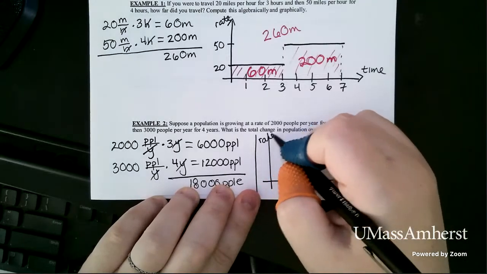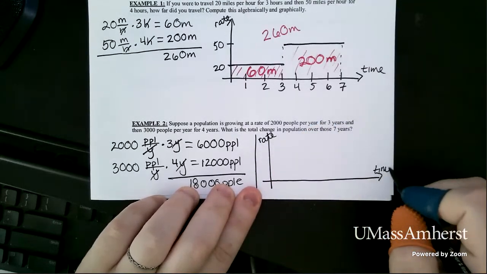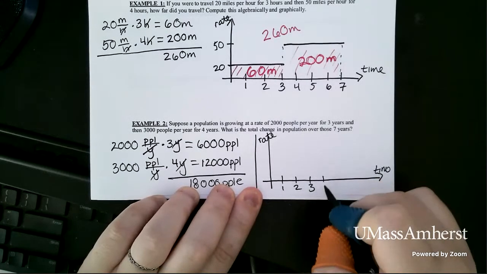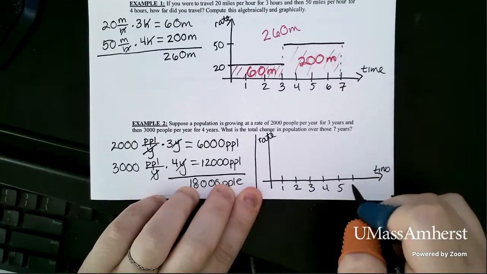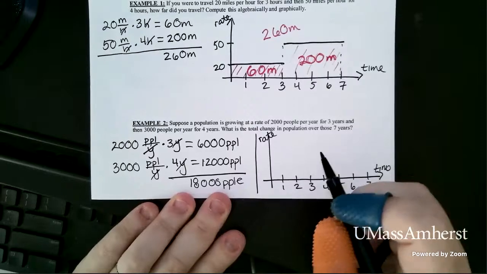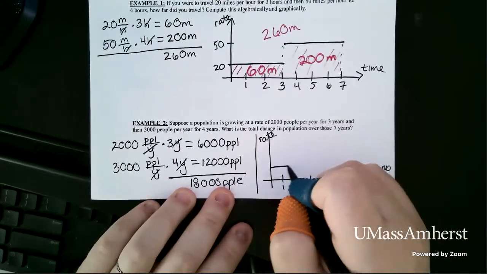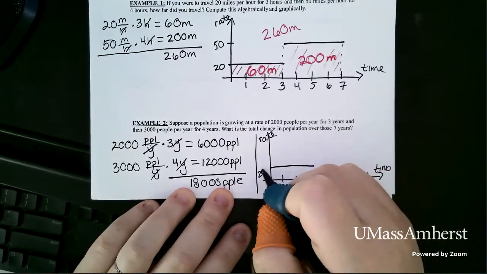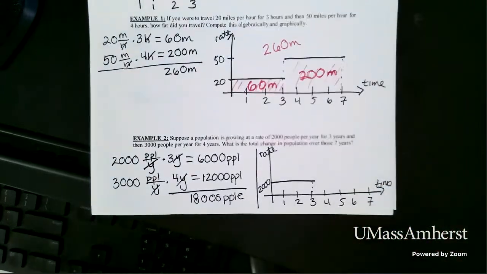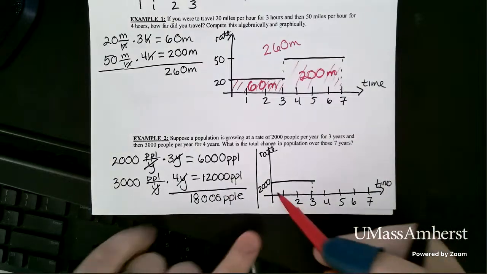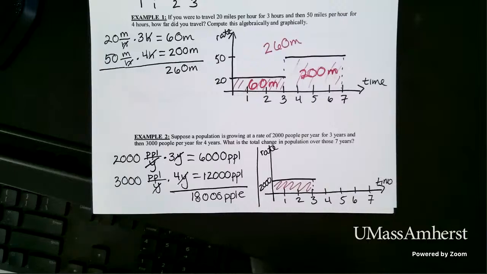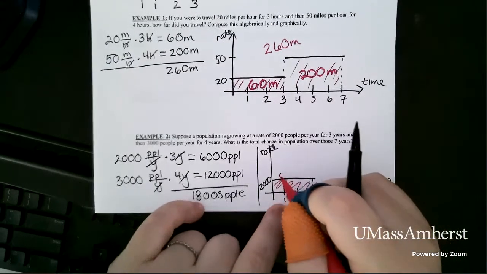Okay. So if we were to graph this, again, we have our rate, we have our time, we're looking over 7 years. So for the first 3 years, we're changing by 2,000 people per year. Again, that gives us this nice rectangle. That area will be 2,000 times 3. That gives us the 6,000.